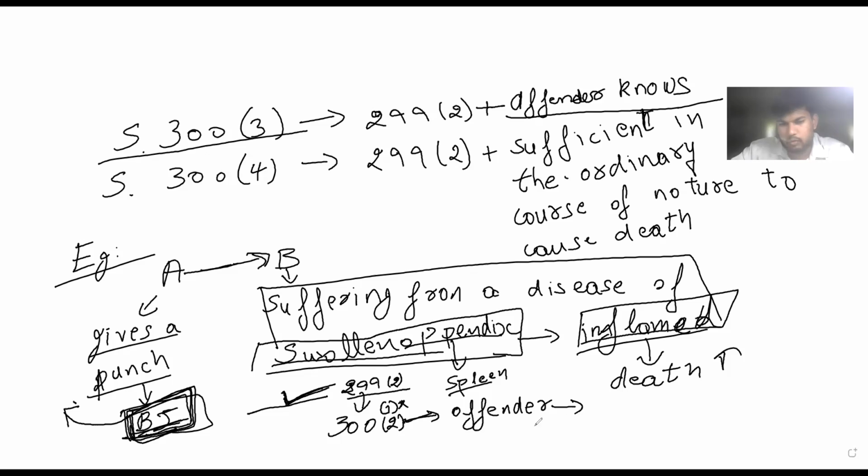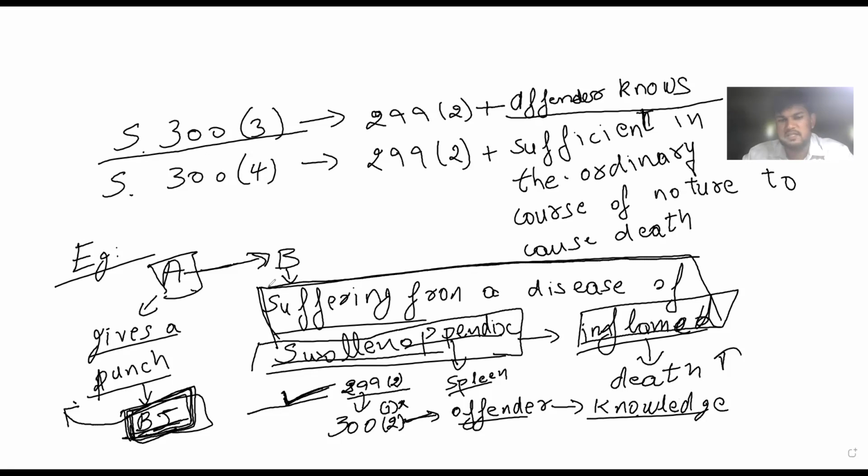Since section 302 talks about the offender's knowledge, did A, when he gave the punch, have knowledge of this disease, that B is suffering from swollen spleen, and that a tight blow or a punch near the stomach area is likely to cause the death of B?